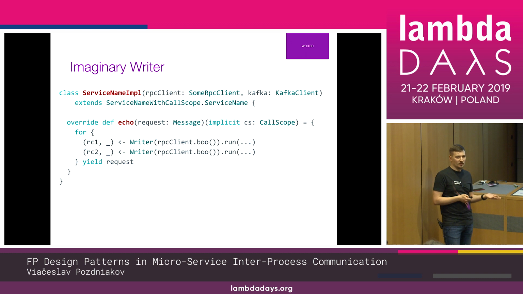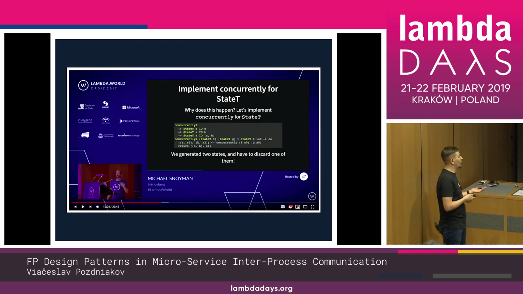And actually, it's not me who discovered this problem. For example, I've been to the Lambda World Conference a few years ago, and Michael Snoyman actually was talking about this problem, that if you run state monads in parallel, then you somehow have to merge these states, and some libraries, for example, are just discarding one of the states.